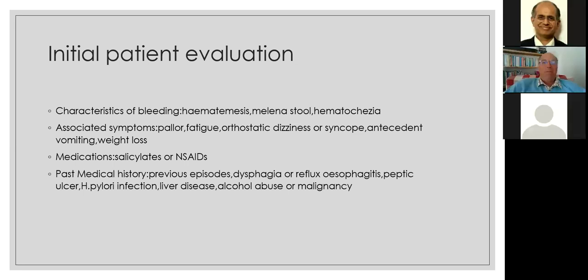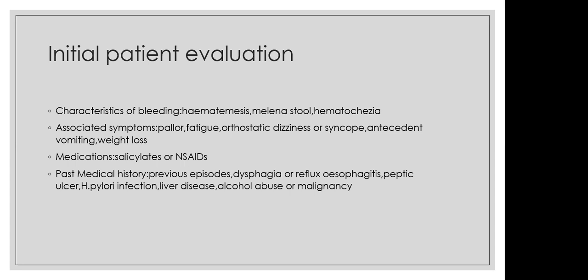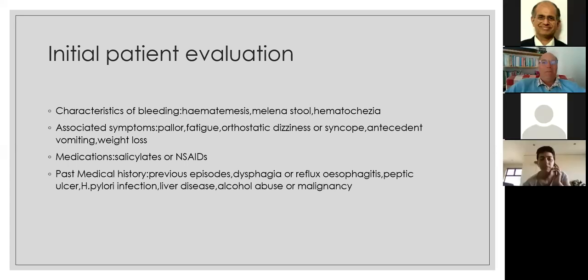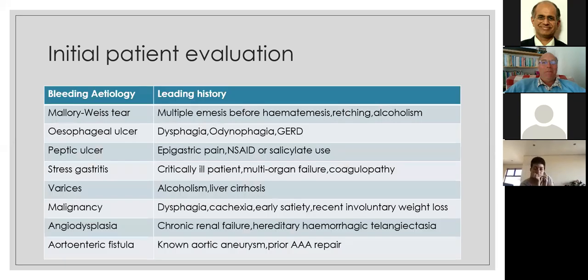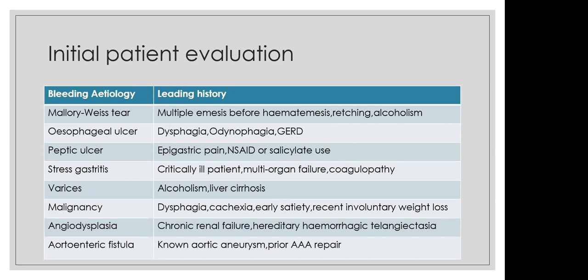History of NSAID use and salicylate use is also very important, as well as the different things you can ask in the past medical history that I've mentioned here. This is just to give you clues in the initial patient evaluation as to what might be the cause of the patient's bleeding.